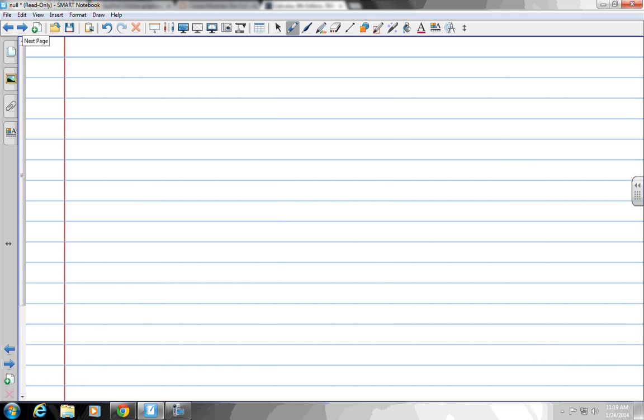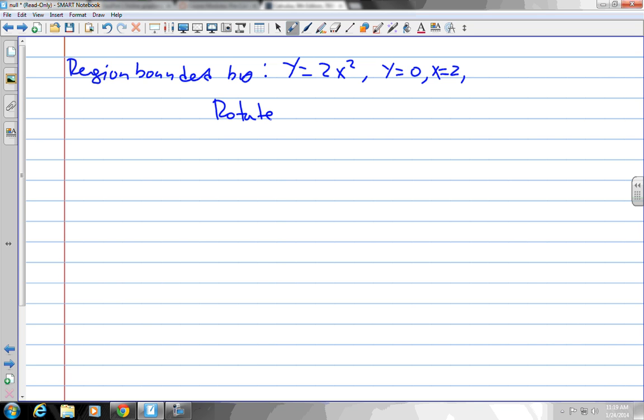Let's rotate around different axes. So region bounded by y equals 2x squared, y equals 0, x equals 2, and rotate around y equals 8. So I want to do actually a very careful sketch here to see what we're doing.